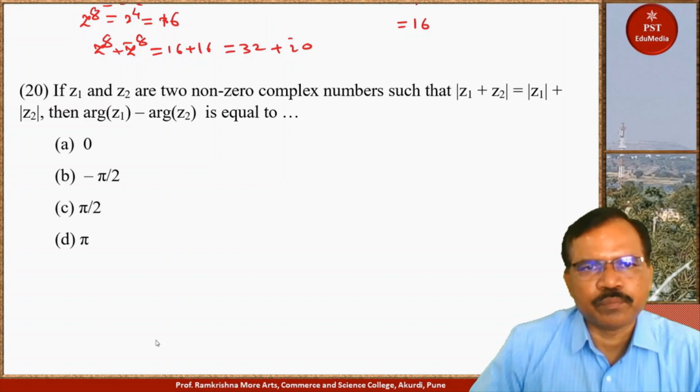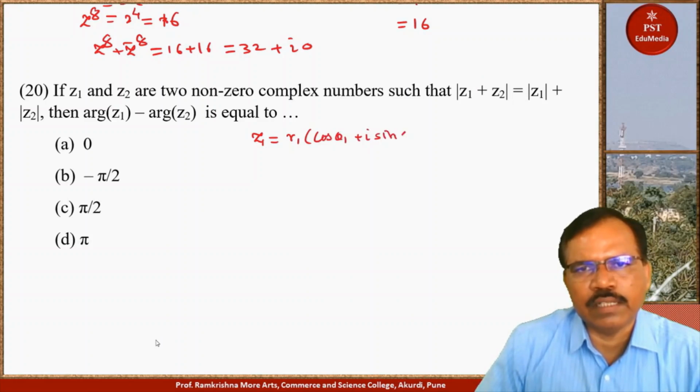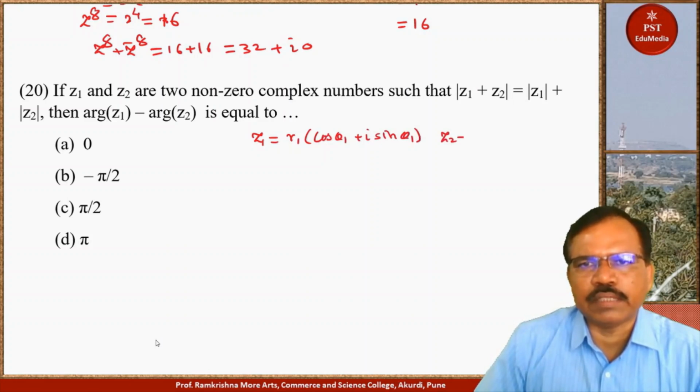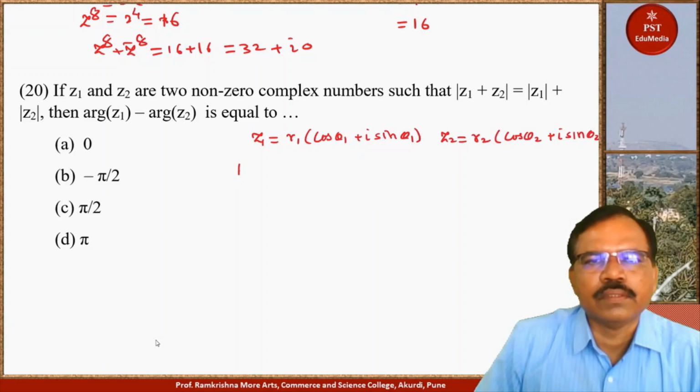Now suppose Z1 is the first complex number, we can write this as R1 (cos theta 1 plus i sin theta 1) in polar form, and Z2 is the second complex number, that is R2 (cos theta 2 plus i sin theta 2).